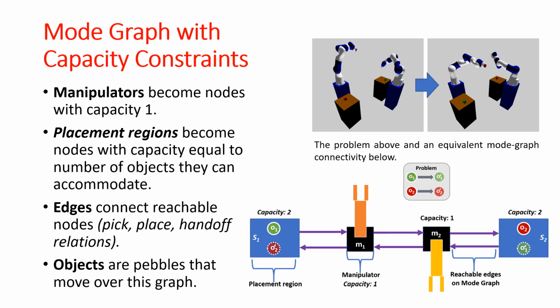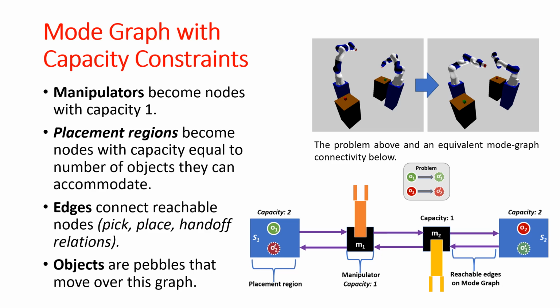And the edges between these nodes now become the actions that can allow the object to be moved from different parts of the workspace to other parts of the workspace. And the objects in this situation would be essentially agents or pebbles that are moving over this graph. And every valid motion of an object now maps to a sequence of edges, or a sequence of actions, that can approximate the solution at the task planning level.